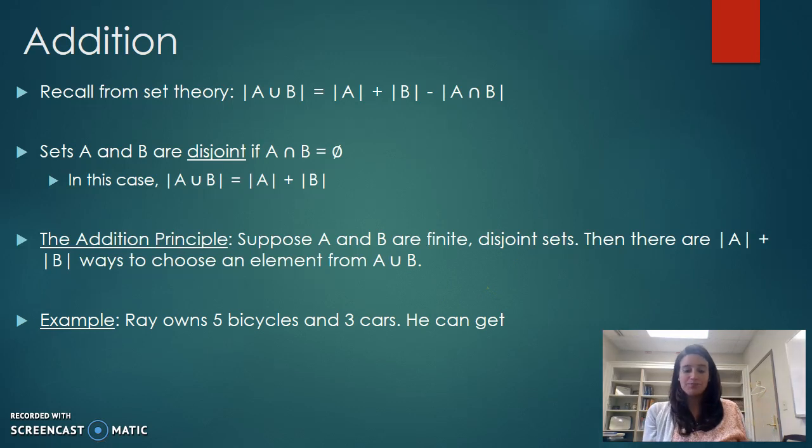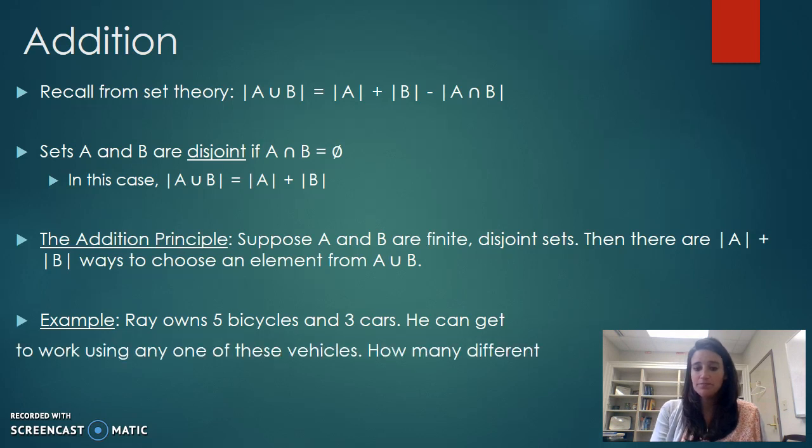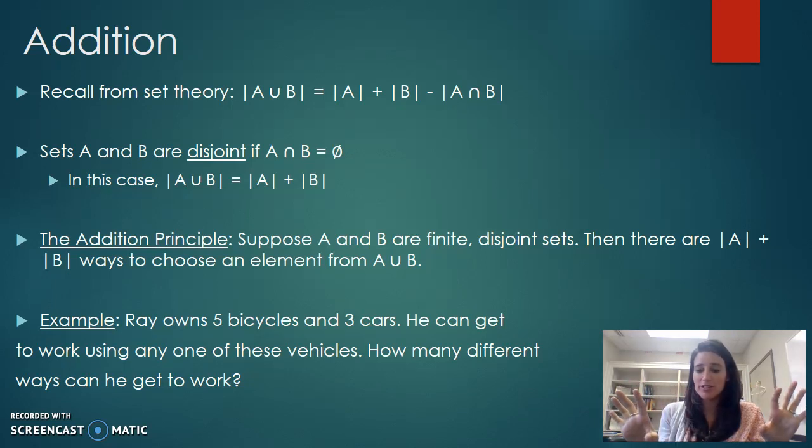For example, Ray owns 5 bicycles and 3 cars. He can get to work using any one of these vehicles. So how many different ways can Ray get to work? Well, bicycles and cars have no overlap. Those are two different types of vehicles. So these sets are disjoint. And Ray cannot ride a bicycle and drive a car at the same time.